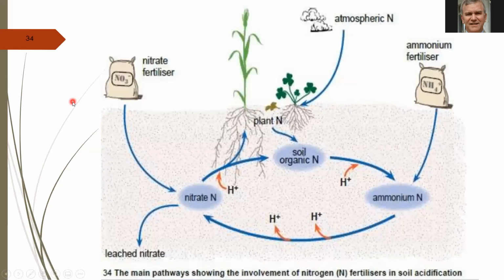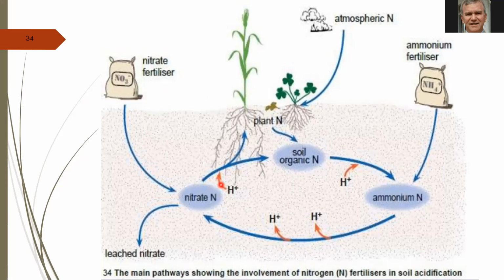There are multiple ways in which acidity increases in an agricultural field. What we have here is a demonstration of the main pathways showing the involvement of nitrogen fertilizers in soil acidification. Nitrate fertilizers contribute by increasing the availability and releasing of hydrogen ions into the soil solution.